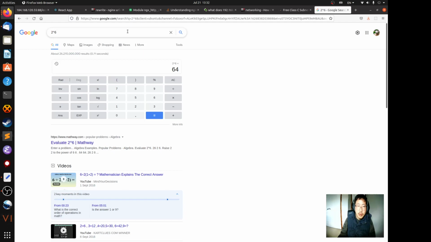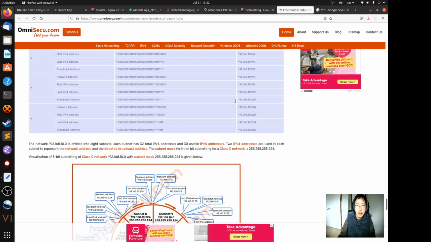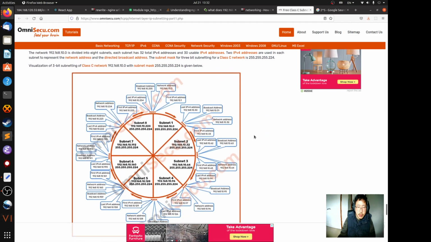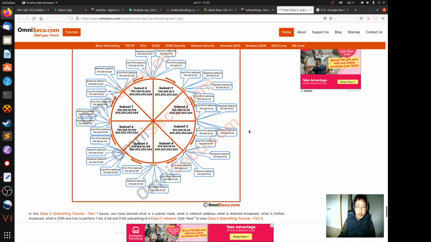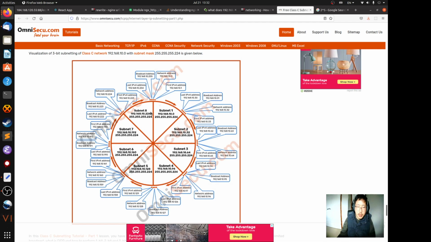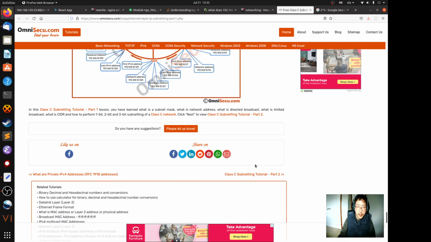Only 32 hosts possible. This is a diagram here, equally divided into 8 different subnets. As I said before, each subnet has the equal number of usable IP addresses.